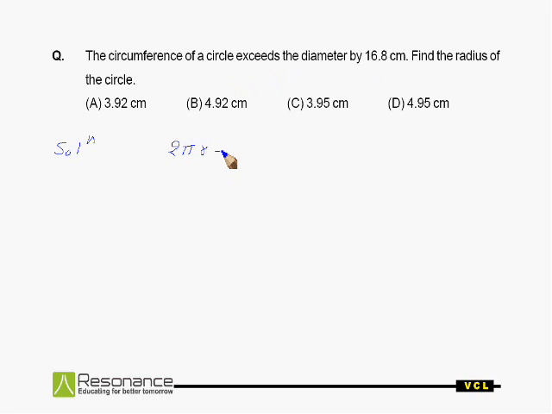That is, circumference minus diameter is equal to 16.8. By taking 2r as common, we get 2r times (pi minus 1), which is 16.8. By putting the value of pi, that is 22 upon 7, minus 1, is equal to 16.8.